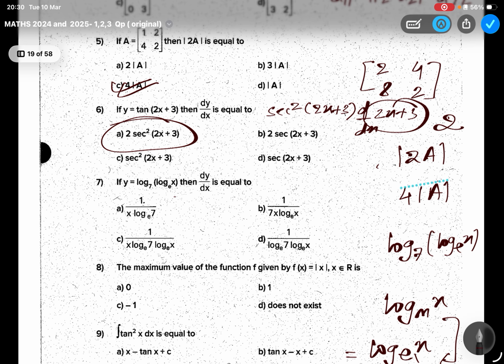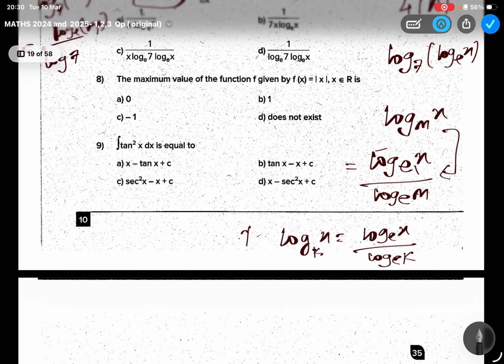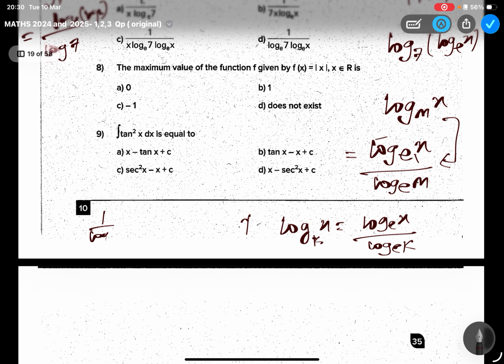Then here log 7 of log x, you have to write it like this: 1 by log 7, then log e of that value, that is log x. So 1 by log 7 is common. You have to differentiate log of log x.